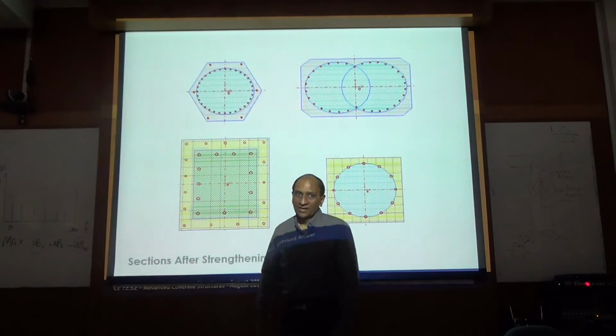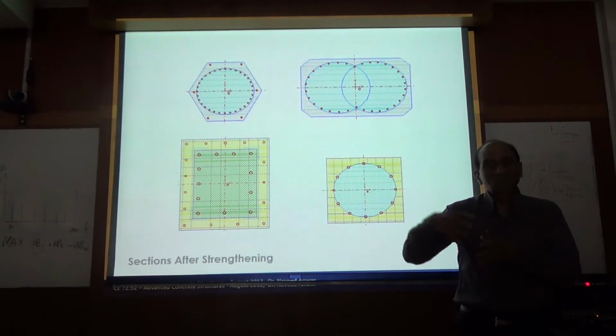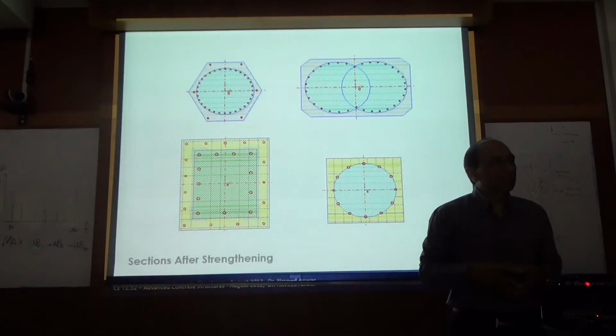So sometimes we need to do retrofitting. That means you find an investigated building where capacity is not enough, you add something to it, either jacketing or whatever, and then you need to calculate the capacity again, and that is when the codes do not help you.